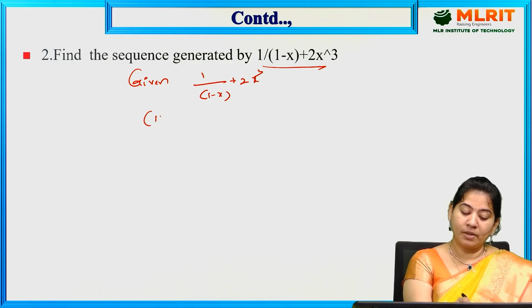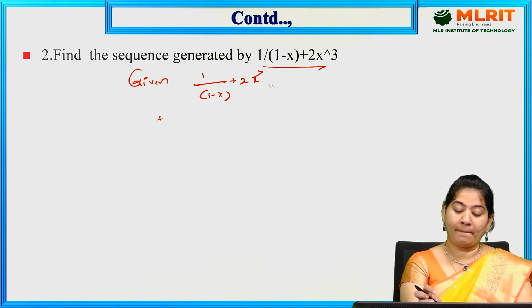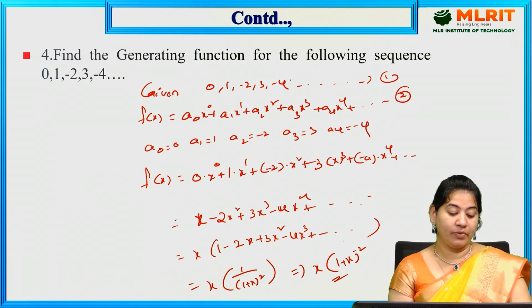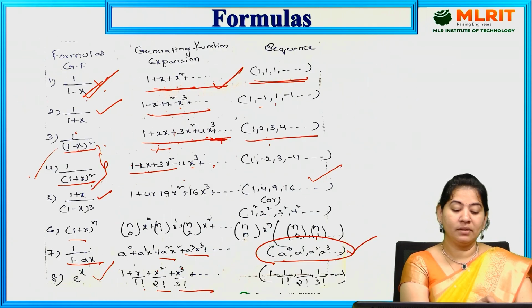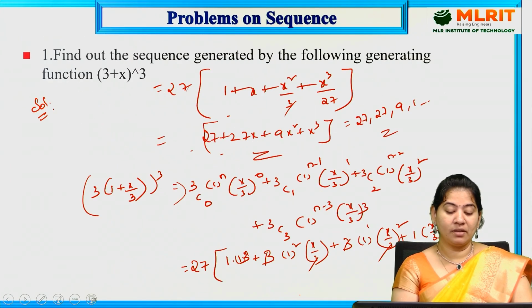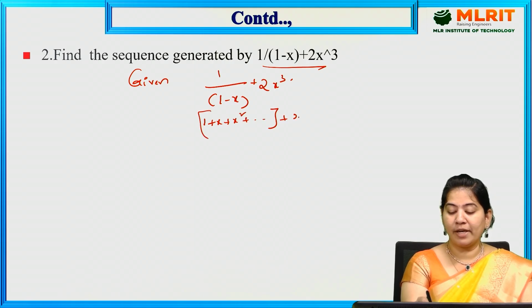We already have the formula for 1 by 1 minus x, which is 1 plus x plus x square and so on. So just write down this formula here: 1 plus x plus x square plus so on, plus 2x cube.